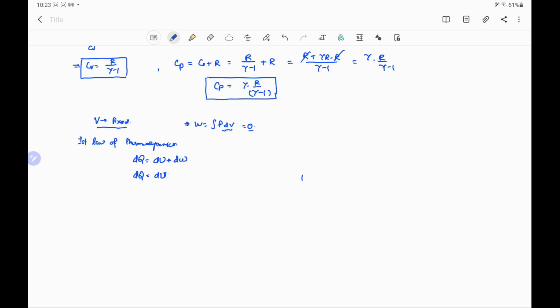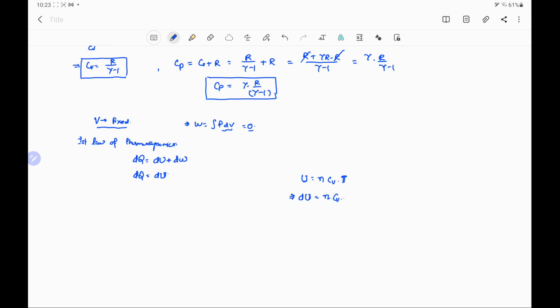We know that internal energy U equals n Cv T. That is, internal energy is equal to the number of moles multiplied by molar heat capacity at constant volume and the temperature T. Here, if we differentiate the internal energy, then du will be equal to n Cv dT, as n is a constant for the given case, and Cv is also constant.